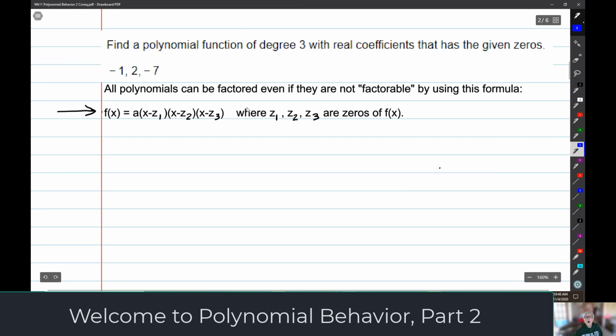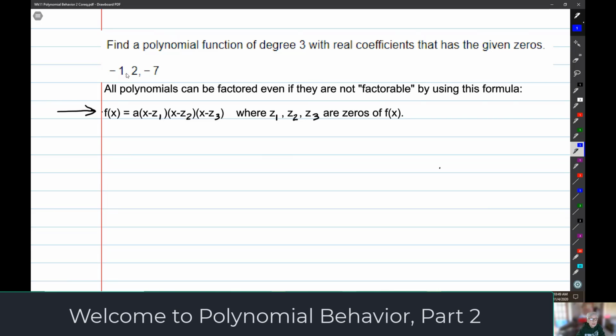The truth is, all polynomials are factorable. And we're getting into, well, what happens if you can't factor them? Well, that's the hard stuff that we're getting into now. We have this formula that can be used with polynomials.